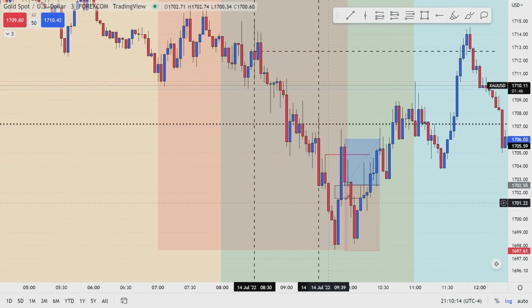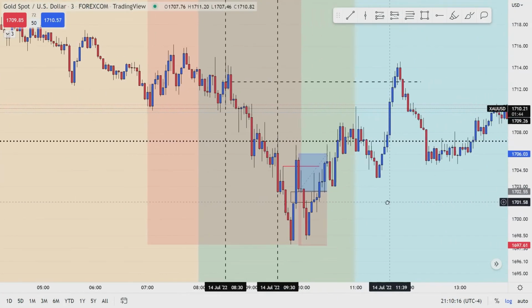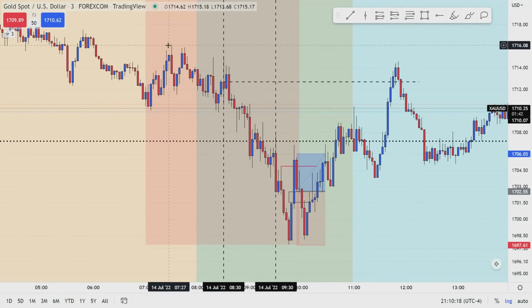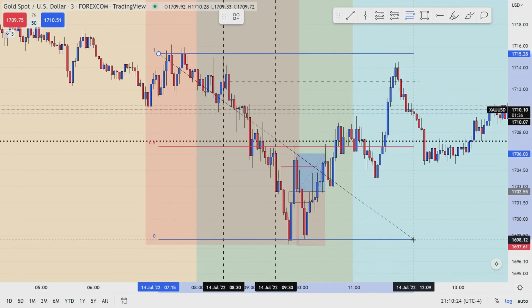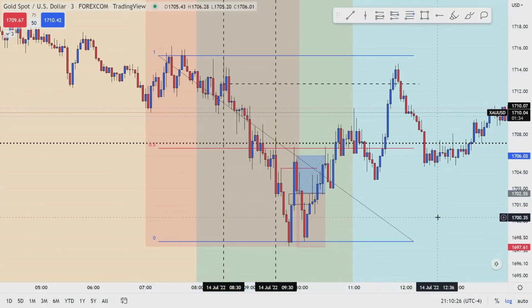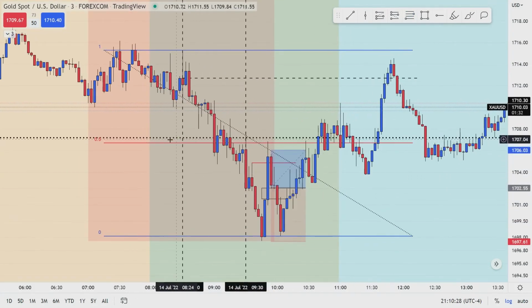And for targets, well, the first thing I did was look at the range from here to here. And if I get the candles only from here to there, we can see that 50% is at this red line right here.